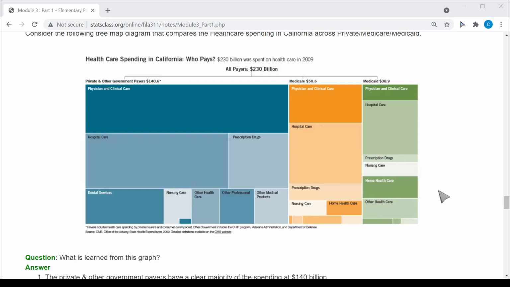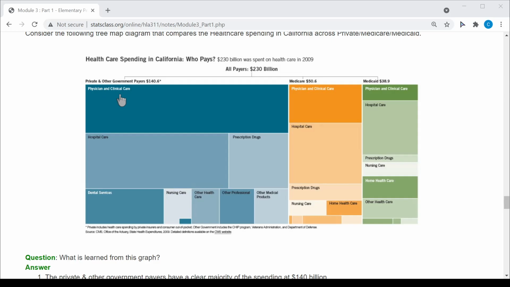That is part of the Gestalt principles, which we'll be talking about in our next module. But here, what I need to do is use the EPT of area to try to figure out what's going on with these values. So I can see that physician and clinical care seems to be the biggest box of all the other blue boxes here.